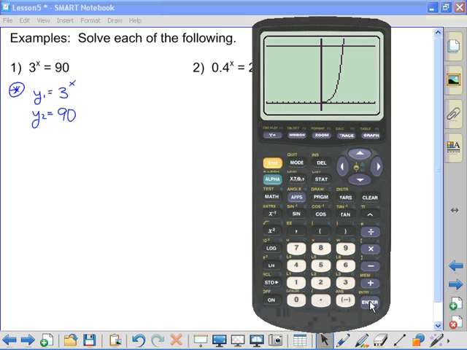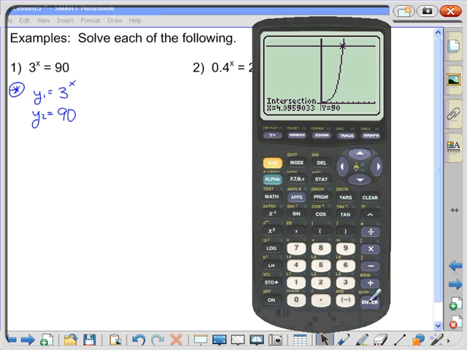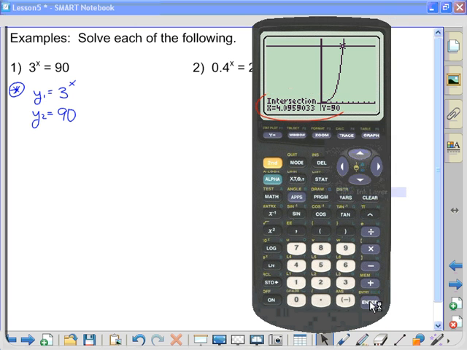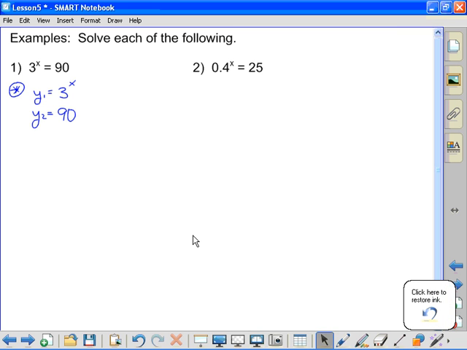And it's always guessing because the calculator is actually using an approximation process. And there we go. There's the answer. Point of intersection occurs at 4.1 and 90. So going back to ours, point of intersection, POI, is equal to 4.1 comma 90.